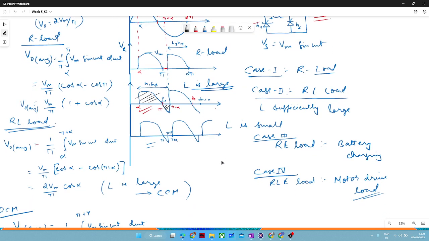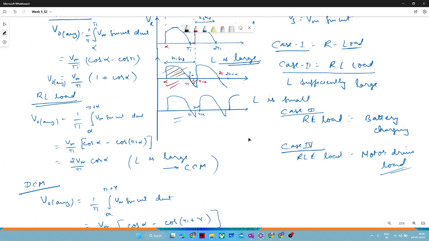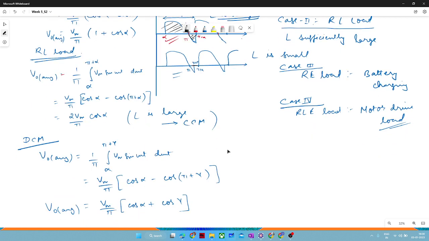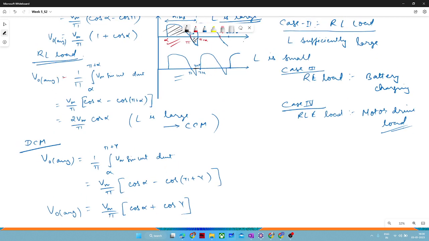and here we discussed two cases. Where L is small, there would be no voltage, so it will be zero, so no conduction would be there, and hence we derived the voltage expression for both cases. For continuous conduction, alpha to pi plus alpha, so it was for a half time period, and from alpha to pi plus gamma, we assume that pi plus gamma is the point where the conduction gets stopped, and for that case also we derived the expression, right?